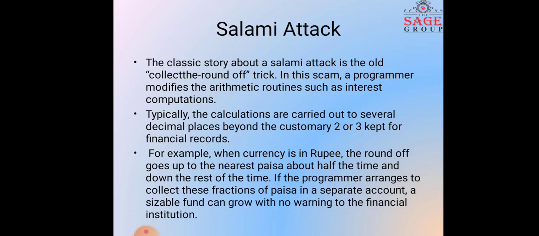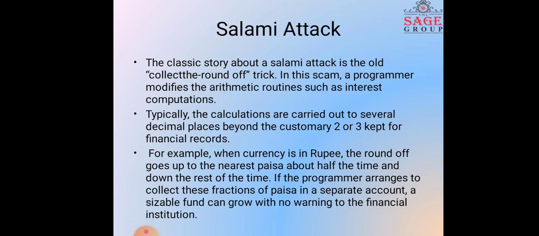The attacker deducted an amount like 1 point something dollars from the accounts of many people. There is a big loss for the people, and a big gain for the person who has done this. So this type of attack has happened earlier.